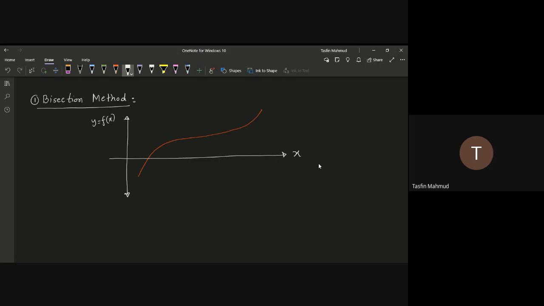Okay, so if this is our function, this is our y equals f(x) graph, to determine the root, what we actually do is equate it with 0, right? Like we have a function that looks like this: 5x squared minus 6x plus 2 equals 0. From there we want to find the value of x, right?